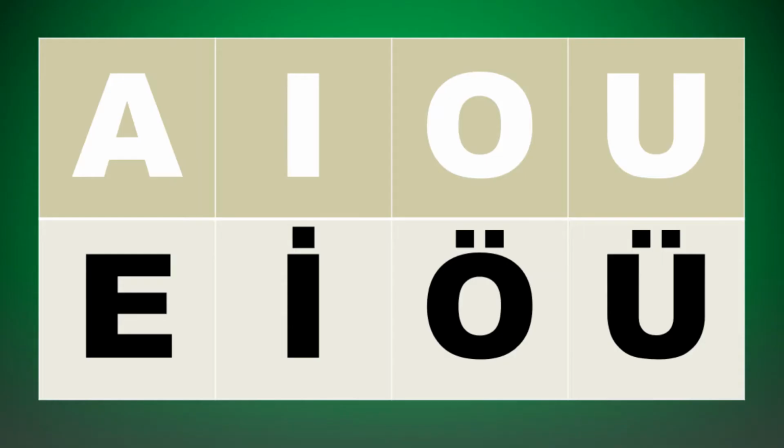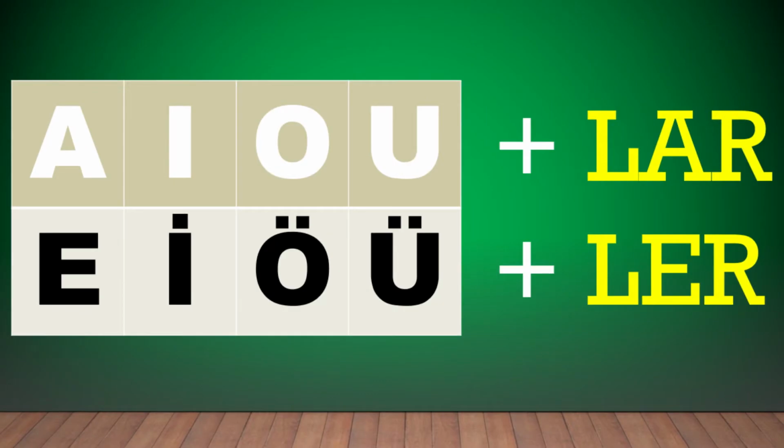Since the very first lesson, I introduced you to the vowel harmony law in Turkish language. But there is also a consonant harmony law as well, which is also important for you to know. Let's look at which consonants are considered voiceless or voiced.